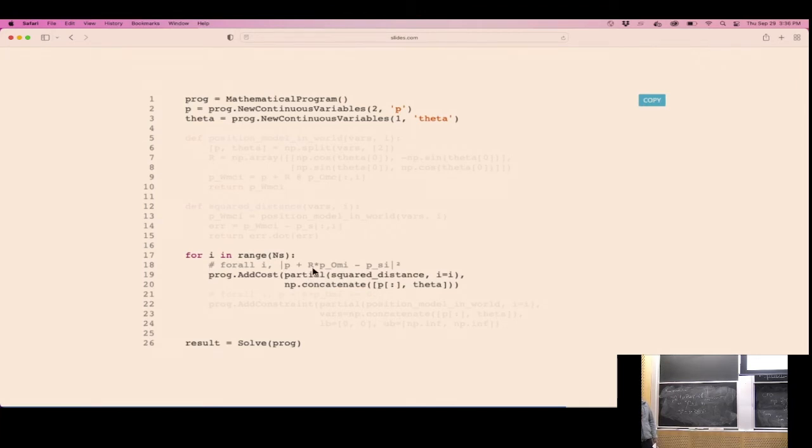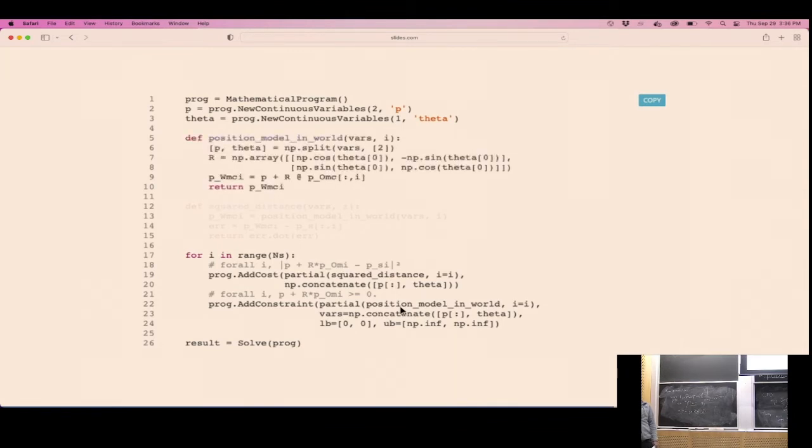R, remember, is now a function of theta, so this is a nonlinear, non-convex objective. I can't say add quadratic cost anymore. I add a cost and hand it a function, and then I add a constraint and pass it a function to do that bottom one. But those functions are easy enough to write.